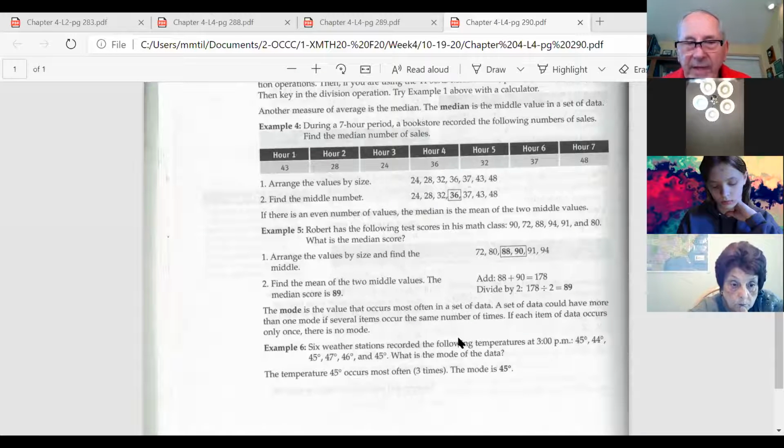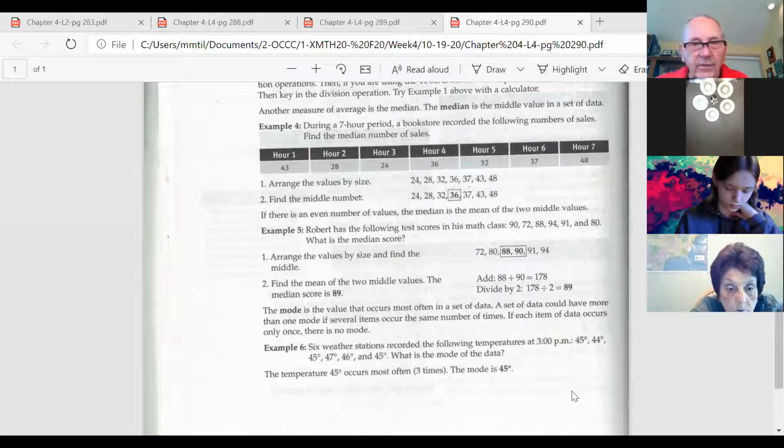Now the mode is the other piece of data. That's the one that occurs the most. Sometimes there is no mode. Other times there may be 2 or 3 modes. If it's all individual pieces of data with no duplicates, there's no mode. But if there's a data point where 2 are the same, that would be one mode.